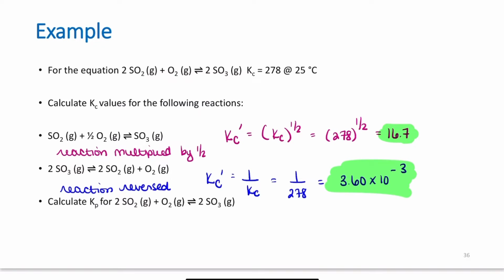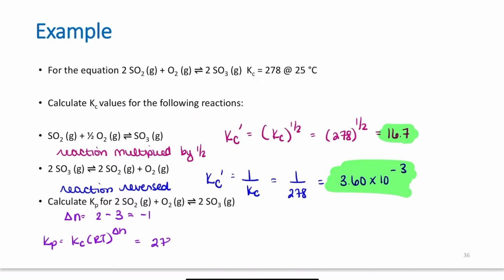And calculate Kp for 2 moles of SO2 gas plus 1 mole of O2 gas, giving me 2 moles of SO3 gas. Change in n: I have 2 moles of gas in my product, 3 moles of gas in my reactant, gives me a -1 value. Kp equals Kc times RT raised to the change in n.